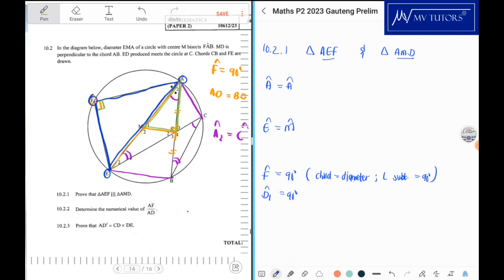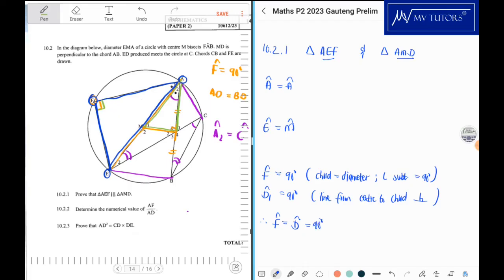Did they tell us? They said MD is perpendicular to AB. Yes, so D1 is equal to 90 degrees, and we can say it was given. So line from center to chord is perpendicular to the chord. All right, and therefore F is equal to D1, which is equal to 90 degrees.